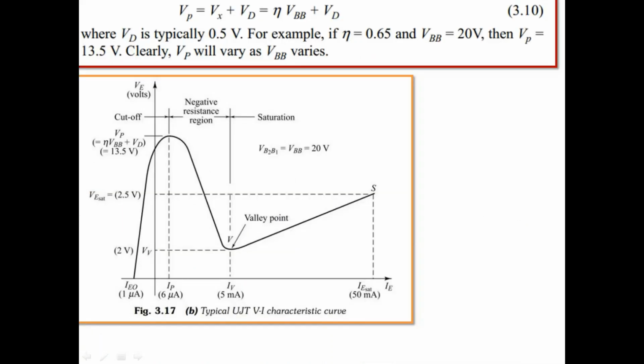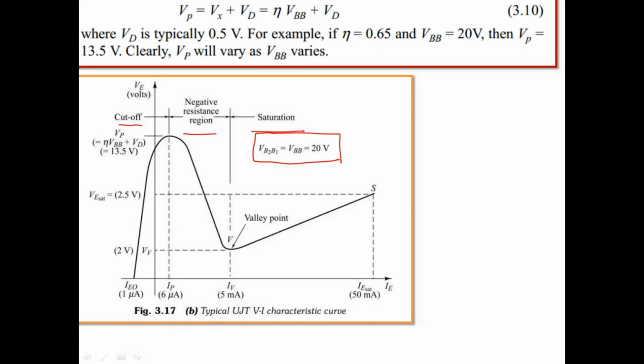For the characteristics of a UJT, you may see there are three regions. One very important observation is that VBB is kept constant at 20 volts. Let's substitute this value when the UJT is in off state. VP, the peak voltage, is determined by the expression eta VBB plus VD.